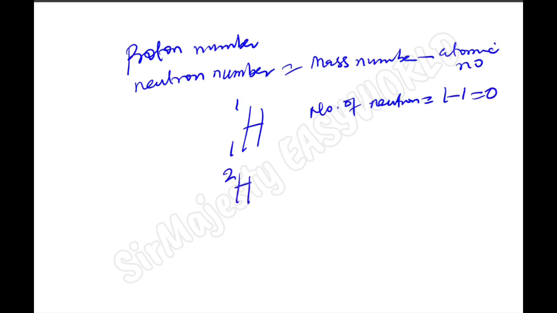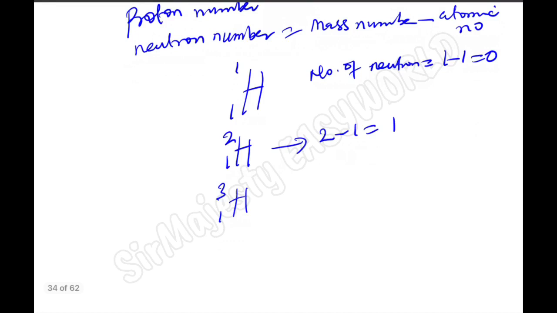But in this case, H21, which is called deuterium, when you do the same mathematics, you have 2 minus 1, which is 1 neutron. Tritium is the radioactive isotope of hydrogen, the only radioactive among these three. It has 2 neutrons, and that makes it unstable. When you have far more neutrons than protons in your nucleus, you will likely be extremely radioactive, of course. So this is the stability of the nucleus playing a role in the ability of an atom to be radioactive.